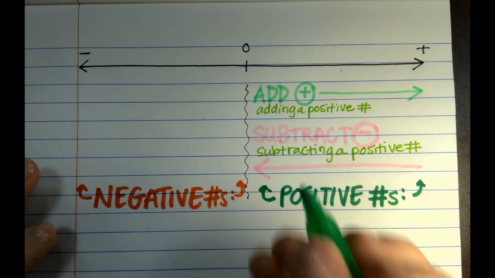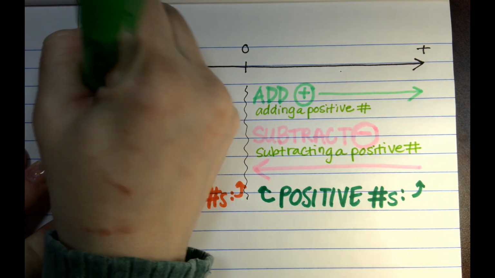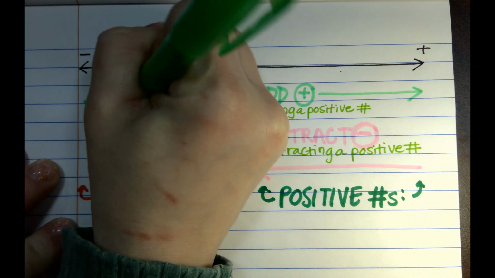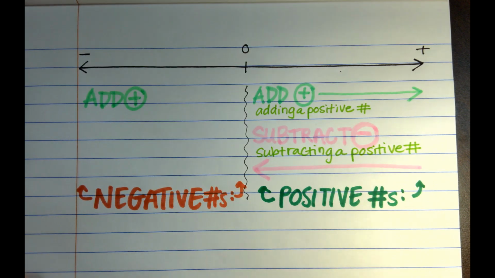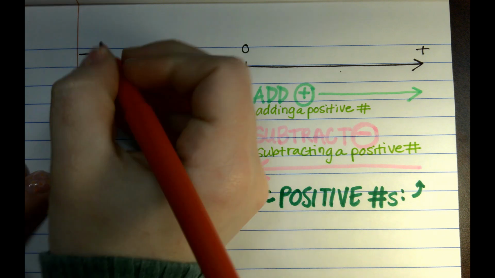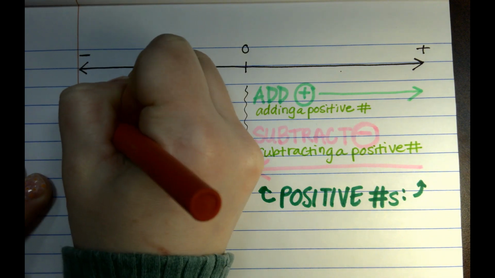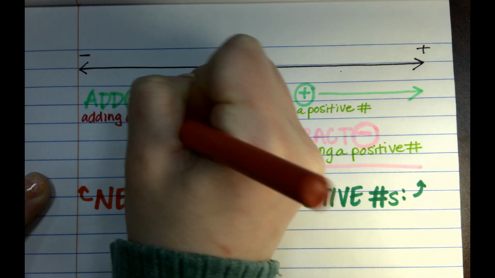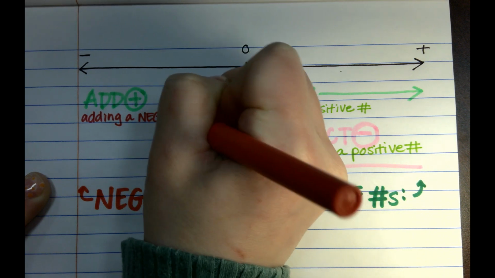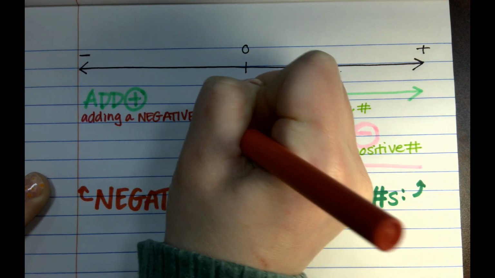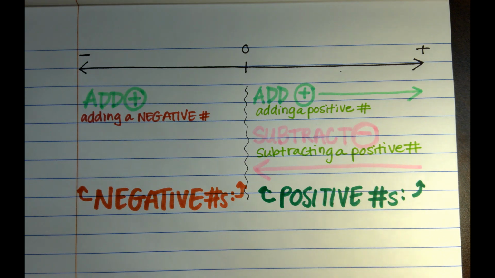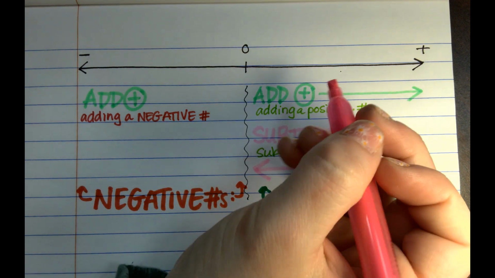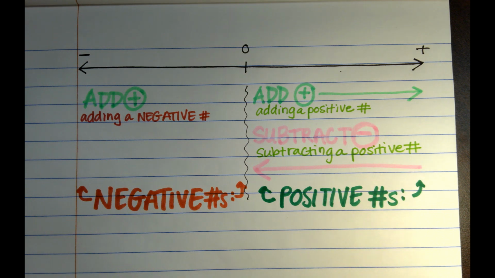You're subtracting. Good. So adding a negative number, I'm going to write that one in red. When you add a negative number, you're really going to the left.